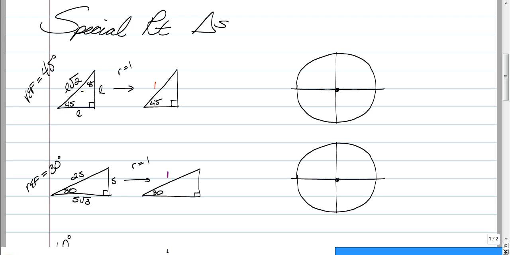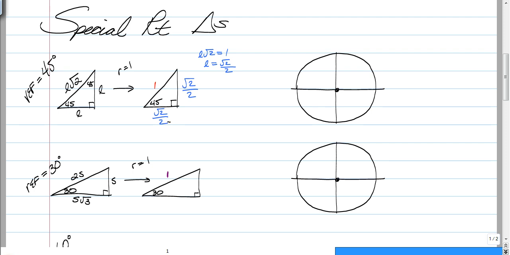So if your reference angle is 45, keeping in mind that the hypotenuse, or in this case your radius, is always going to be 1, then you would need to solve for L. So to find that, you would just say L root 2 is equal to 1. So L is equal to the square root of 2 over 2. So since this is a 45, 45, 90, both of these sides are root 2 over 2.